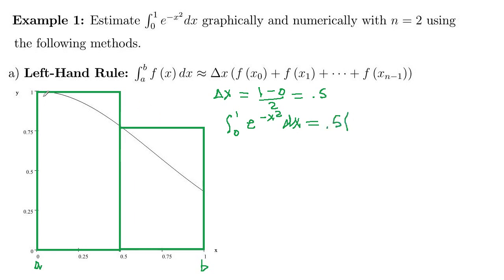And then the first height is the function value at this, which is 1, so the function value at 0. And then the second height is the function value at 0.5, which looks like that is approximately maybe 0.77. So we've got 0.5 times 1.77.